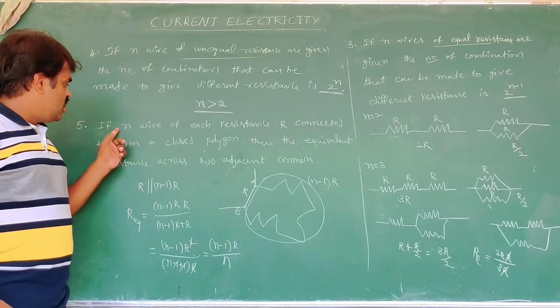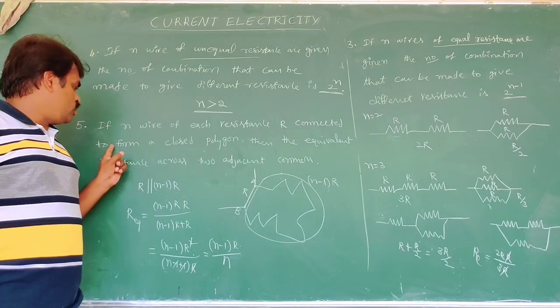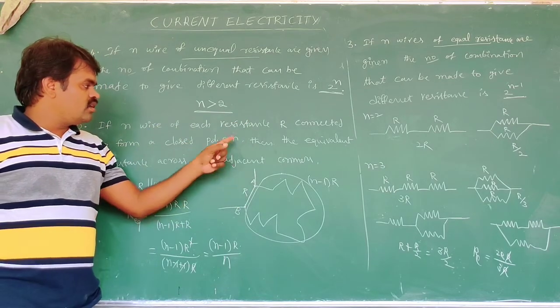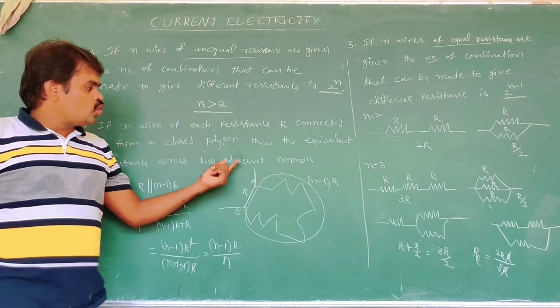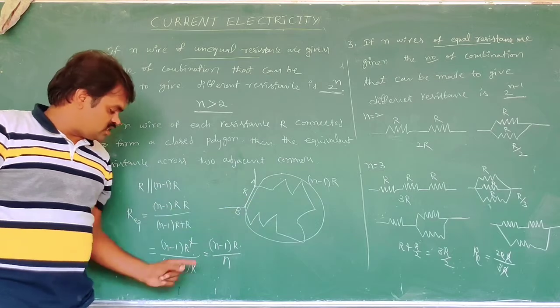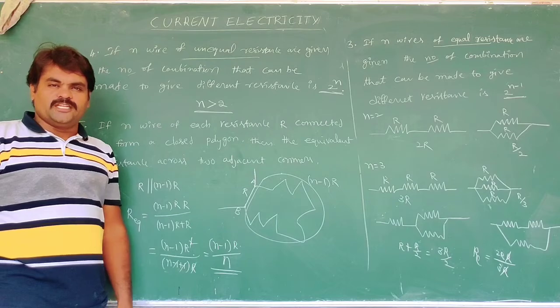That means if n wires of each resistance R are connected to form a closed polygon, then the equivalent resistance across two adjacent corners is n minus 1 into R by n.